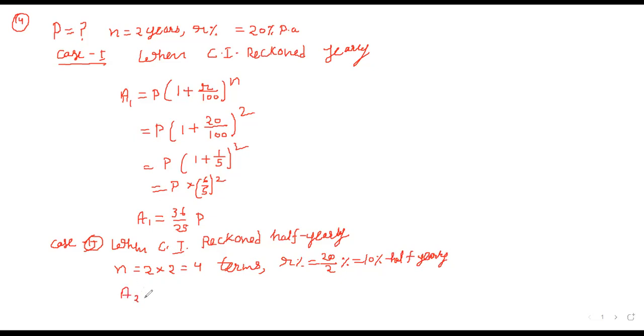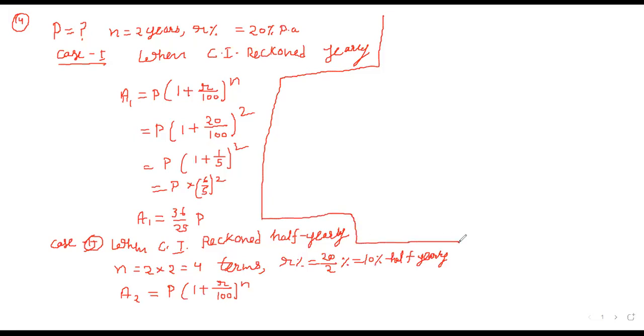Amount, we will denote it by A2, equals P into, again the formula is the same, 1 plus R by 100 whole to the power n. So it implies A2 equals P into 1 plus rate of interest halved.